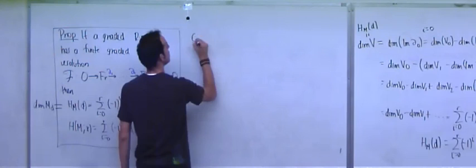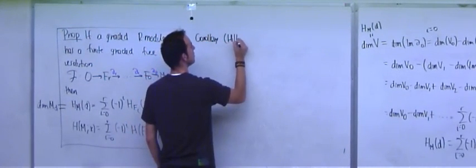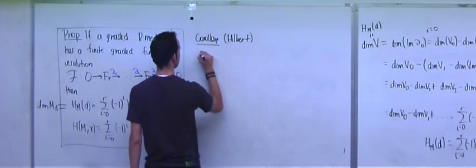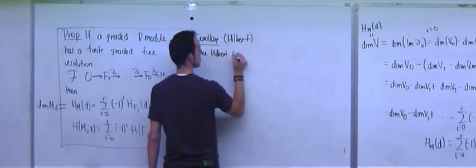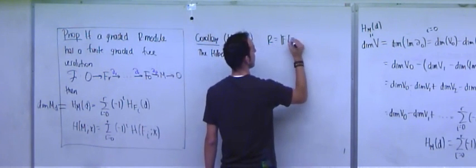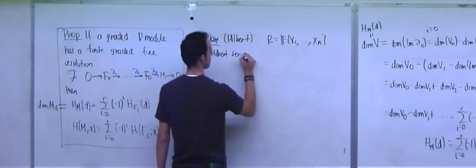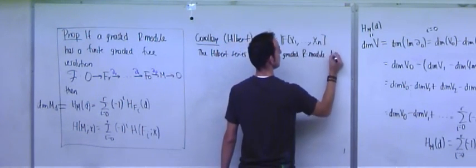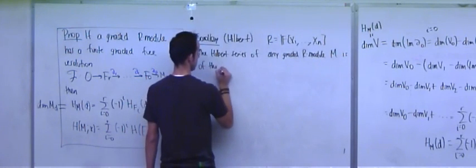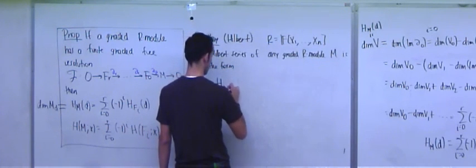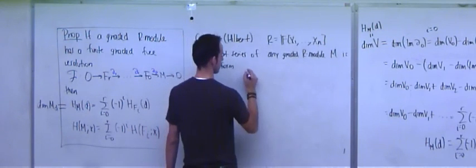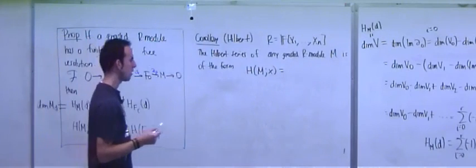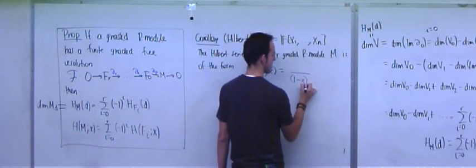The corollary of this, and this is due to Hilbert, says that the Hilbert series, so let's say that R is the polynomial ring in n variables, and the Hilbert series of any graded R module is of the form, it's always some polynomial divided by 1 minus x to the n.